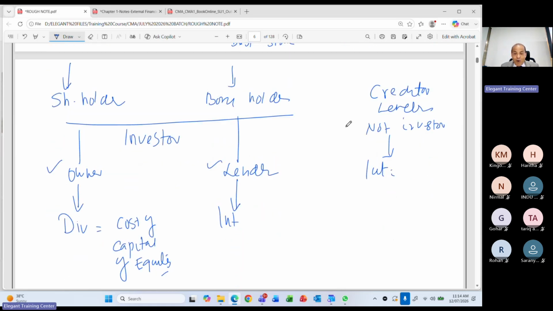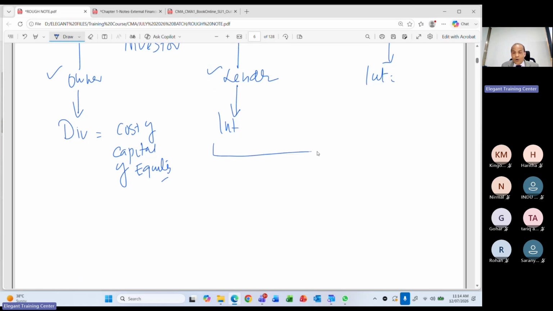Clear? So bondholders and banks are both called creditors, also called lenders. Whoever gives a loan is called a lender. We sometimes also say creditor. So what is creditor?